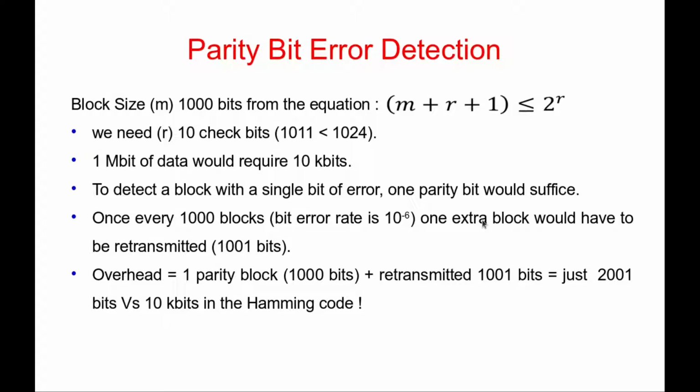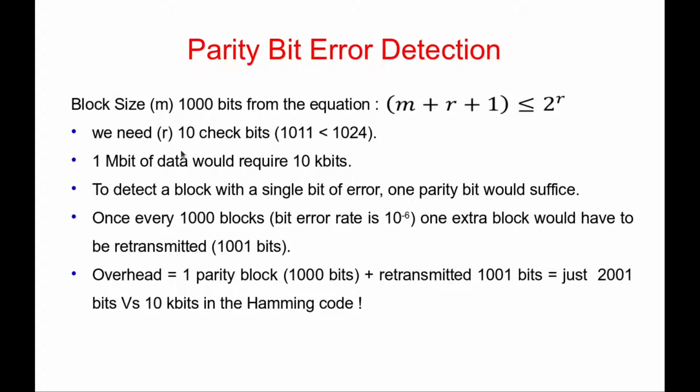For example, there could have been only one block containing a 1 bit error, and that means for that block we'll have to transmit that block once again, and while transmitting that block we'll transmit the parity bit as well. That means 1001 bits. The overhead in this logic is the retransmission of one parity block, 1000 bits. Why is this there?